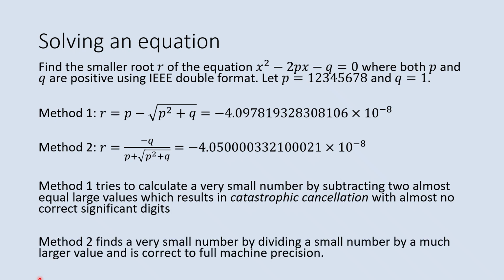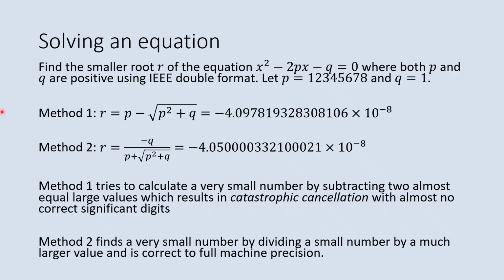On the other hand, method 2 tries to find this very small number by dividing a relatively small number by a much larger number. And in this particular case, it gives an answer that is correct to the full machine precision. If you work this out line by line by hand, this number to full machine precision is the correct value under method 2.